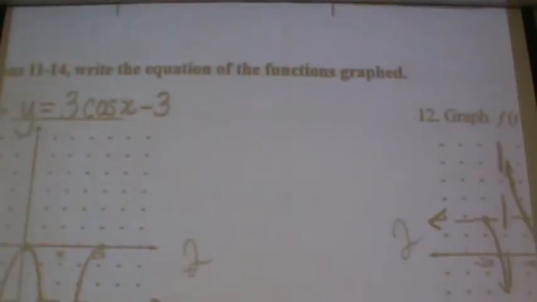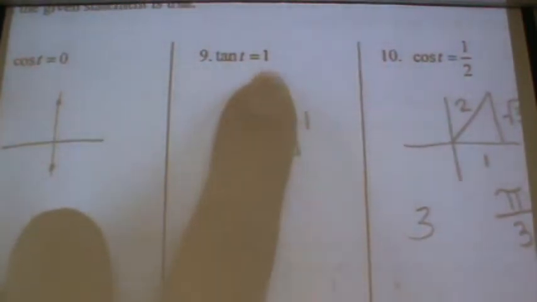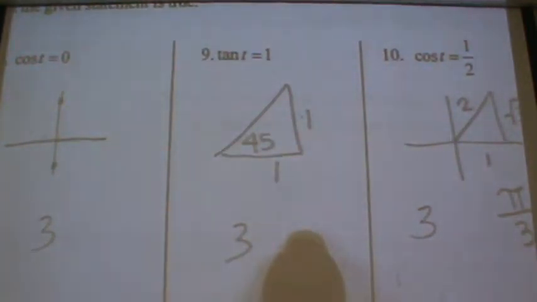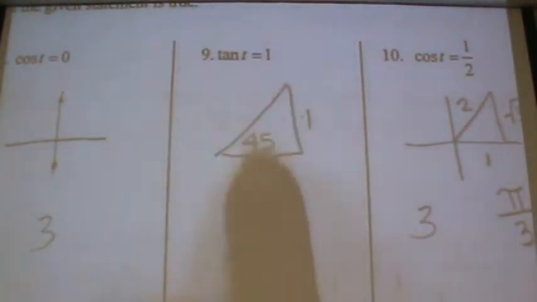Next one. Tangent. When you have a 1 here, that's a 45-degree angle. Where is tangent positive? It's positive in quadrant 1 and 3. So it's a 45 and a 5 pi over 4.